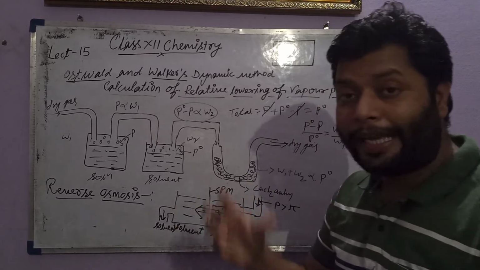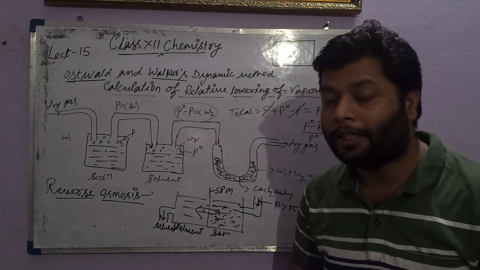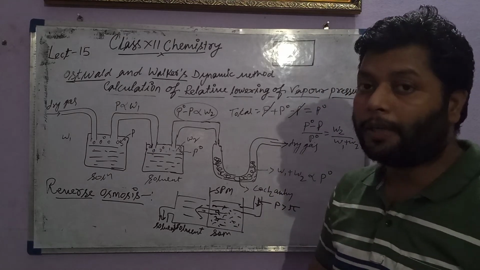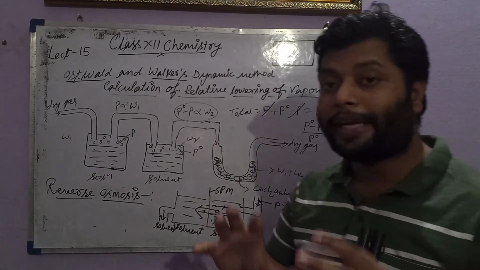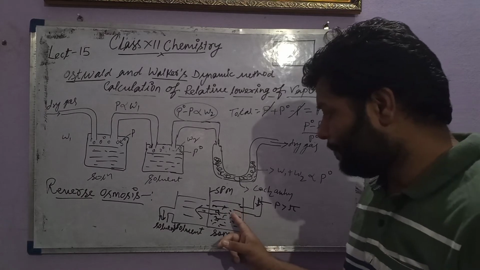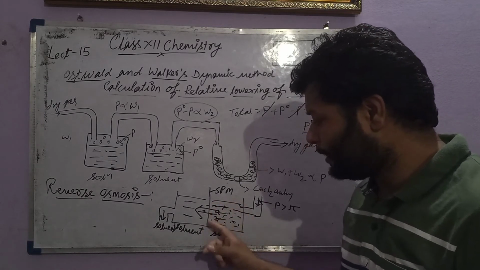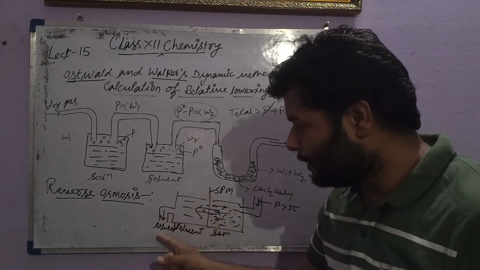And that is how we practically clean saline water. This is one of the methods of purification of water, because here the concentrated saline water releases pure water through the SPM and the water is collected.